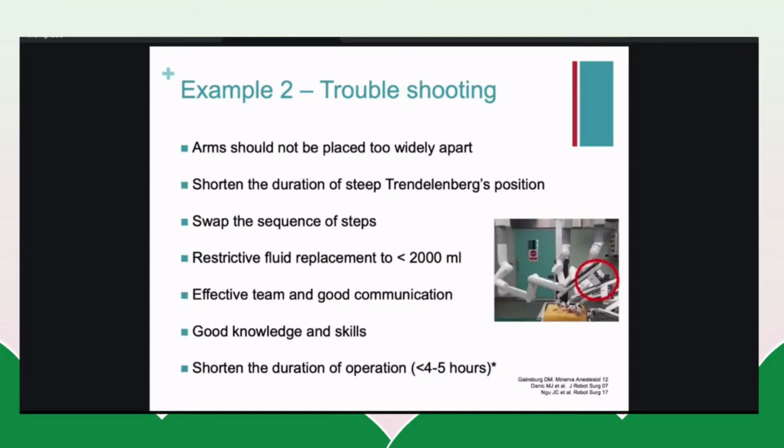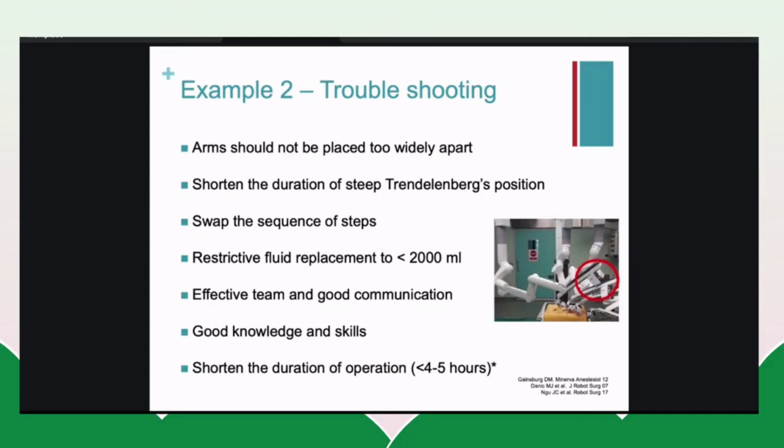First, we try not to put the arms too widely apart, because unlike the S or Si model where the robotic arms are big, for the Xi model, there's no use to put the arms too wide apart, because otherwise it can cause clashing between the cartridge and also the next robotic arm, as I showed in this picture.